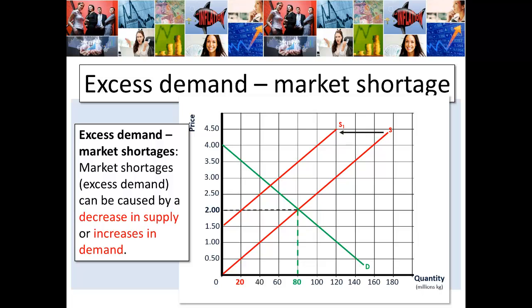Cost of production increases, supply decreases, it shifts left, and before the market has a chance to reach that new equilibrium where S1 equals demand, at that $2 price, quantity demanded is still 80, but now the quantity supplied is only 20. So before the market has a chance to adjust, there's a shortage in the market. Quantity supplied is less than quantity demanded.